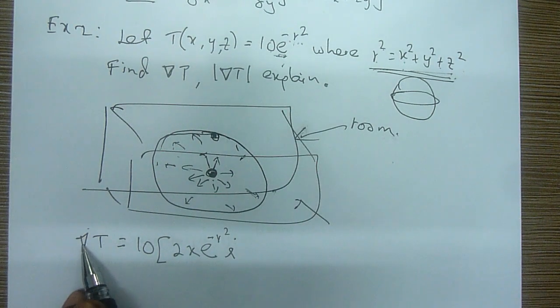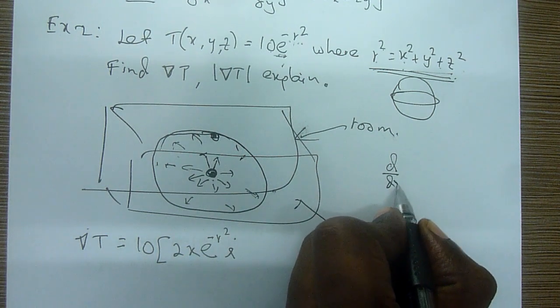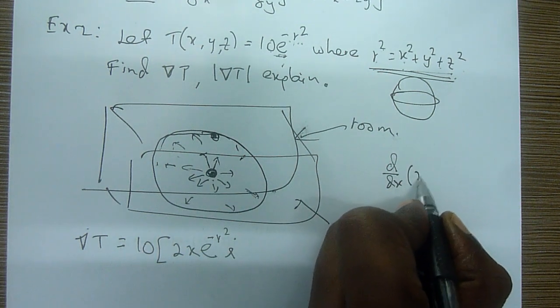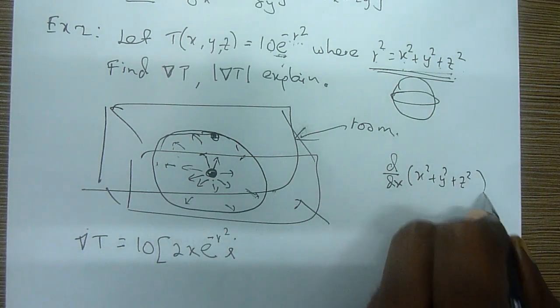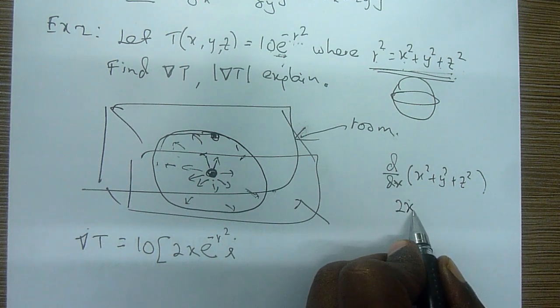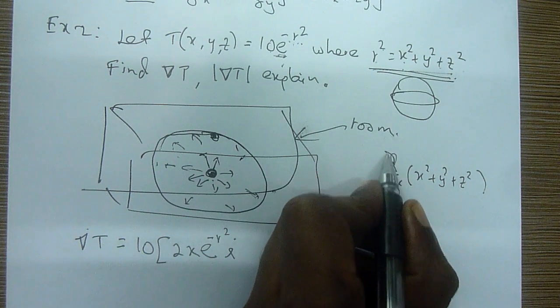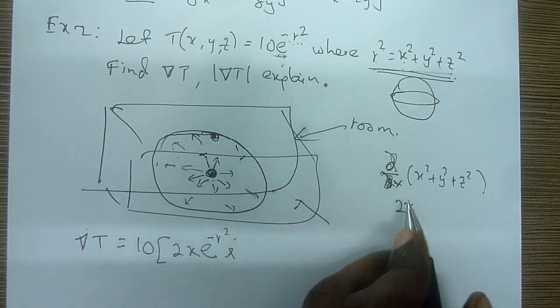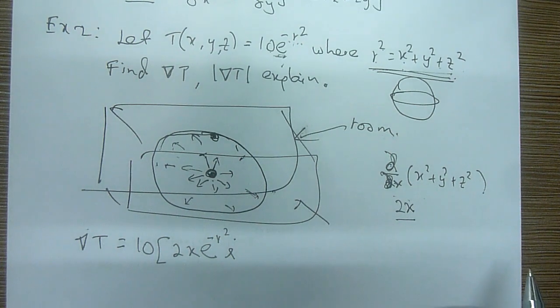Remember, very simple, don't panic here. When I use a nabla, I'm using d/dx, d/dy, d/dz. What do I get? I get here 2x. When I partially differentiate with respect to x, I get a 2x.